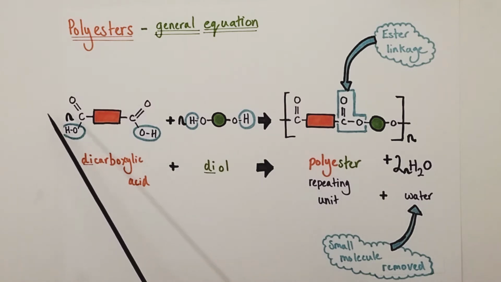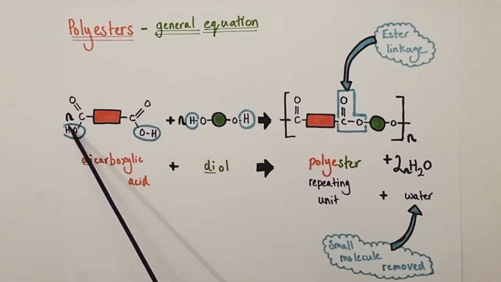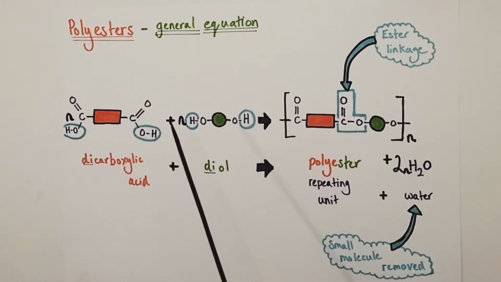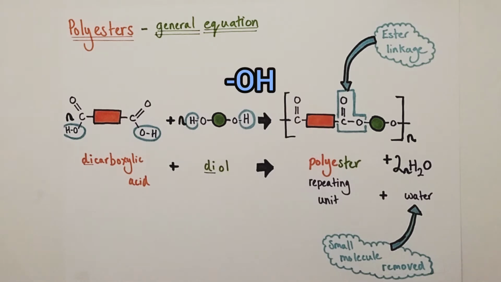The N that is in front of the monomer is used to represent a large undefined number of monomer units that are present. The second monomer with the green center is known as a diol, as it has two alcohol functional groups at either end of the monomer unit.